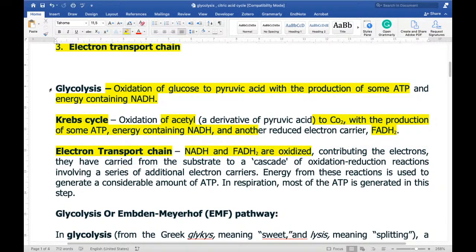From glycolysis to the Krebs cycle to the electron transport chain, the end products that are produced are being utilized and oxidized. The NADH and FADH2 will get oxidized and contribute electrons, which are carried from the substrate through a cascade of oxidation-reduction reactions involving a series of additional electron carriers. Energy from these reactions is used to generate a considerable amount of ATP, and in respiration most of the ATP is generated in these steps.